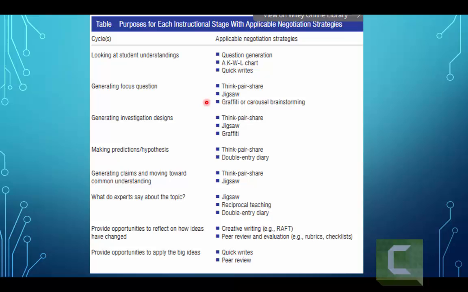And then they're going to generate their investigation designs using the same techniques, and then they'll make their predictions and hypothesis. And they can do this with a think, pair, share, or a double entry diary. Then they're going to be generating their claims and moving towards common understanding.